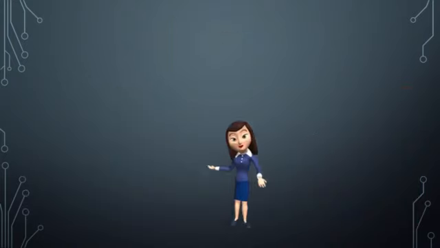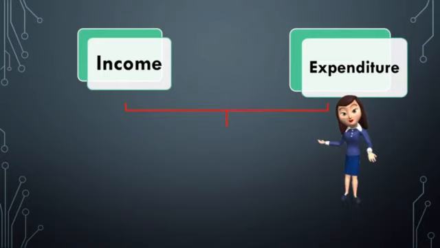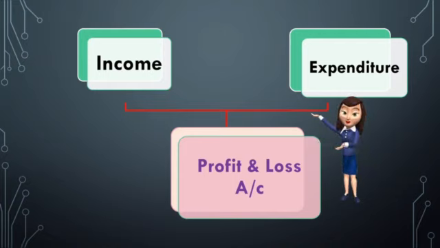Now when we talk about income and expenditure, together they form the profit and loss account. The profit and loss account is the financial statement that summarizes the revenue, costs and expenses incurred during a specified period.